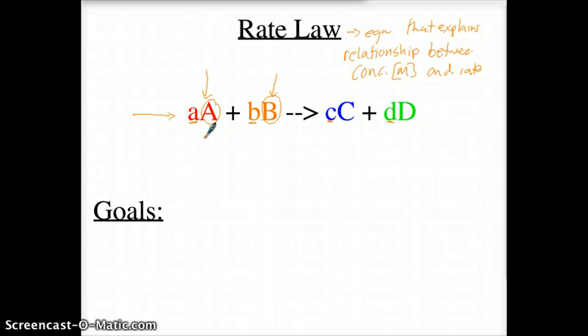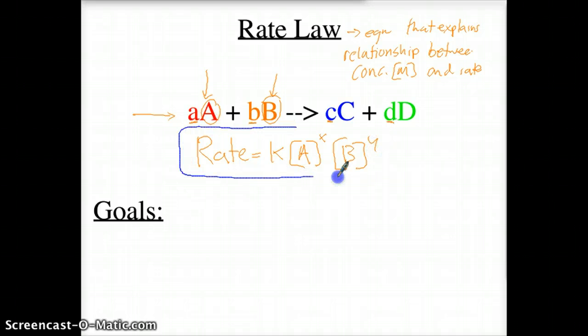So the rate law has the general form of this. Rate equals K, and then we put the concentration of each reactant. In this case, we have two reactants. So the concentration of A to the power of X, we don't know what it is yet, we have to figure it out, times the concentration of B to the power of Y. This is the general form for a rate law.